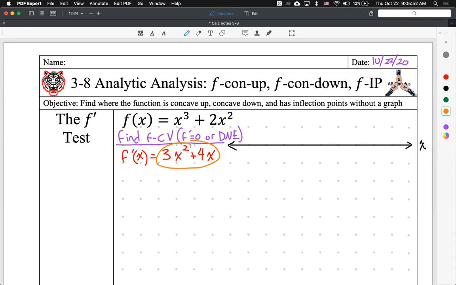Chris. Again, the definition is you set f prime equal to 0. Well, here's f prime. F prime is 3x squared plus 4x. So I will set it to 0. All right, you're still doing this though. So 3x squared plus 4x. How do you solve that, Chris?